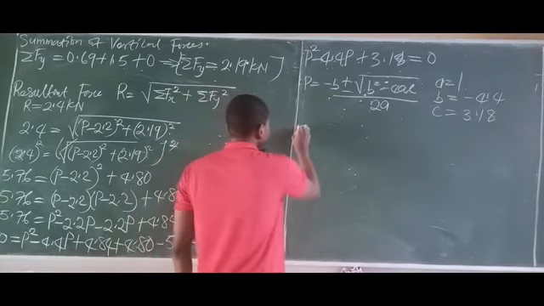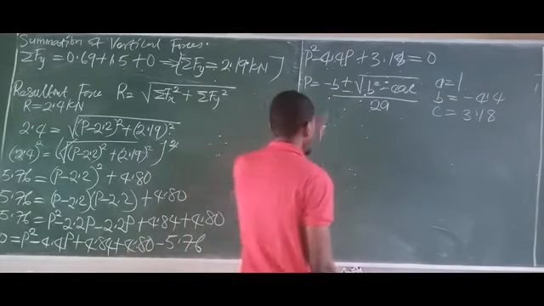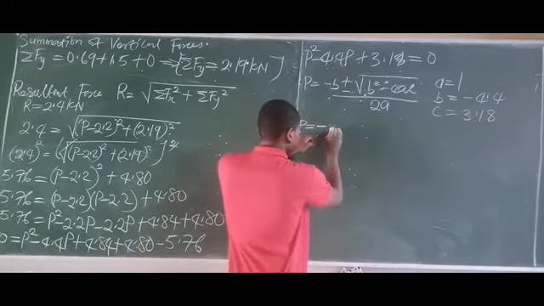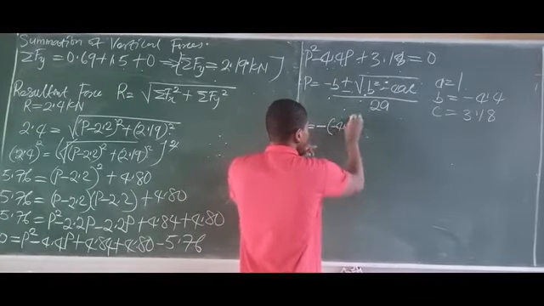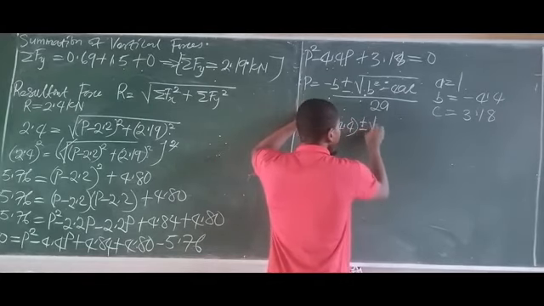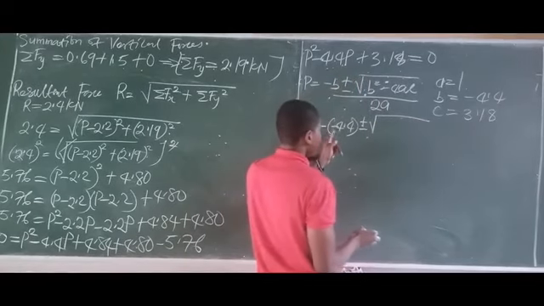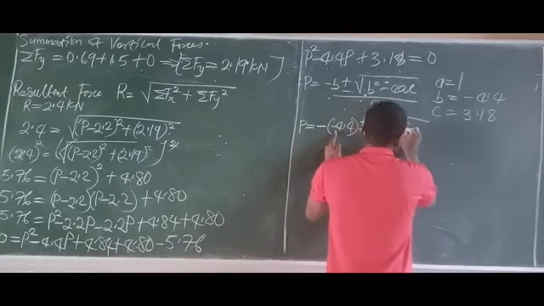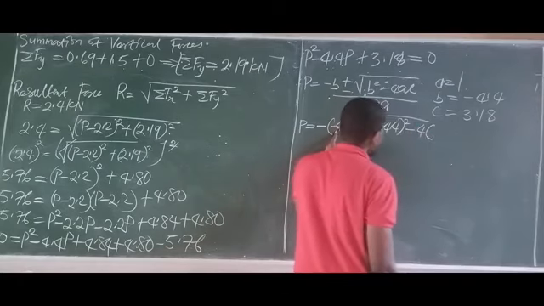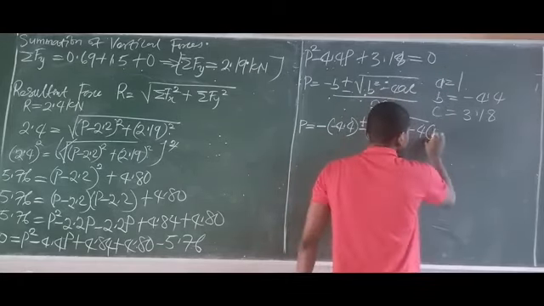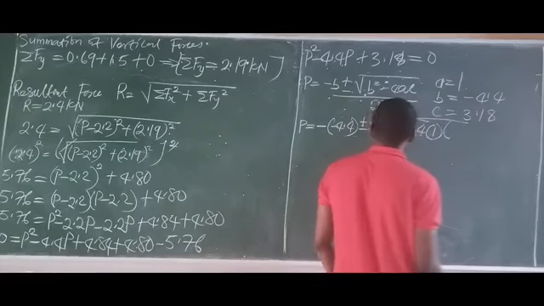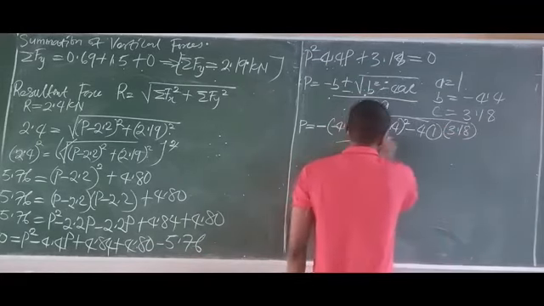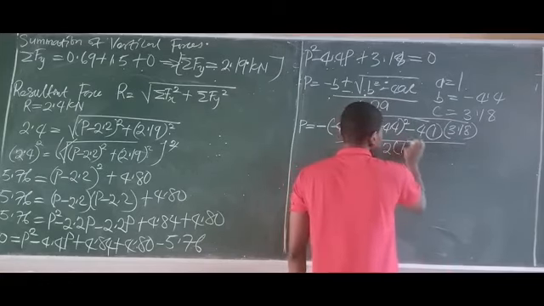So we employ the equation now. P is equal to minus B, and B itself is minus 4.4, so this is minus minus 4.4, plus or minus the square root of B squared, which is minus 4.4 all squared, minus 4 times A, where A is 1, times C, which is 3.18, all over 2A, and A is also 1.